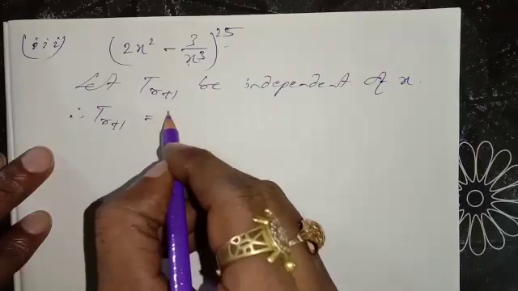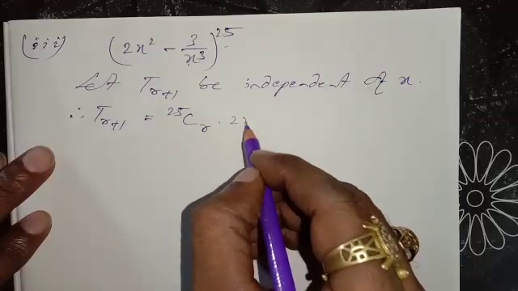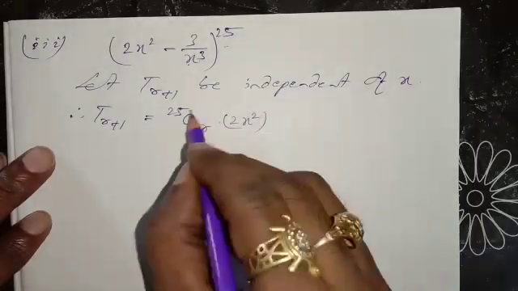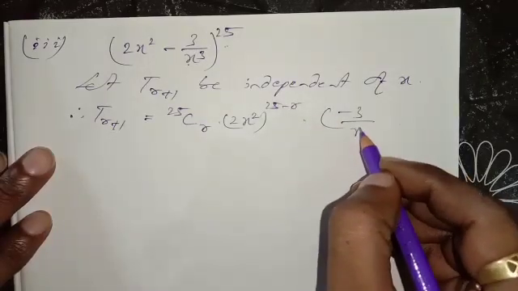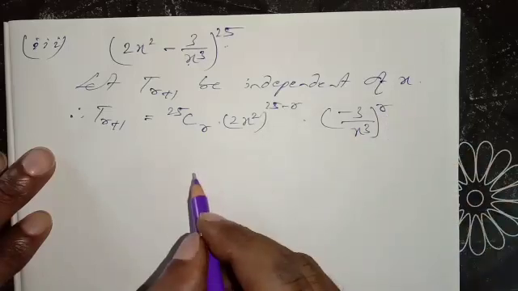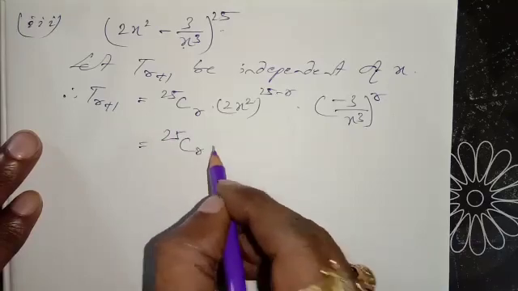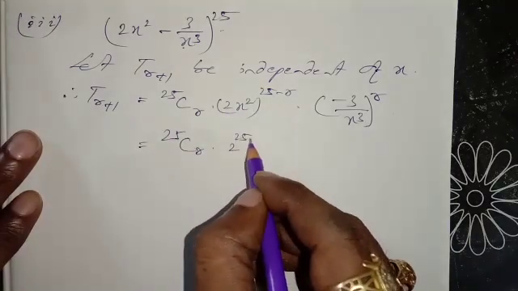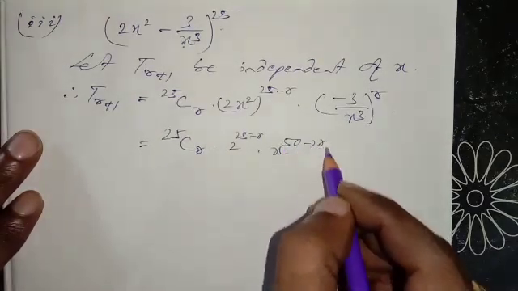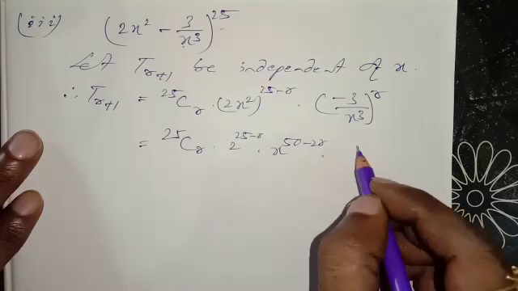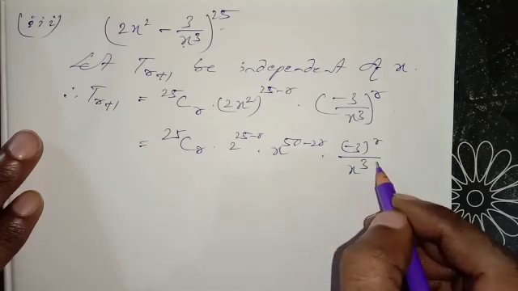As for the formula here, 25 power, that is 25Cr. The first part is (2x square) whole to the power 25 minus r. And the second one is (minus 3 by x cube) whole to the power r. Just to see here, this will be 25Cr, 2 to the power 25 minus r, x to the power 50 minus 2r, and here minus 3 to the power r, and here x to the power minus 3r.